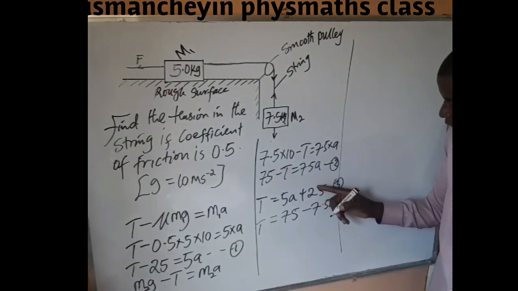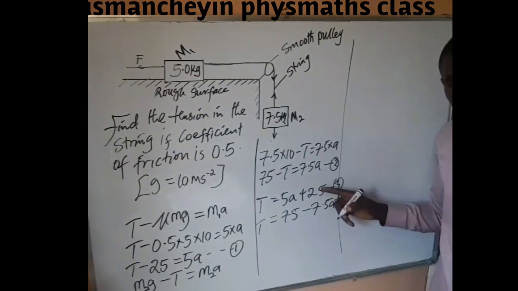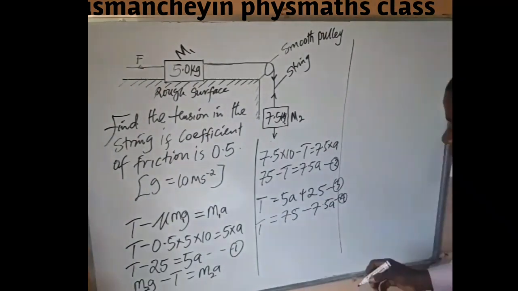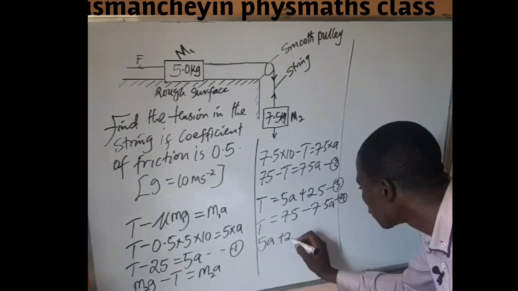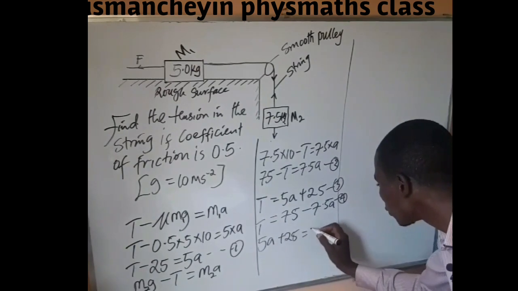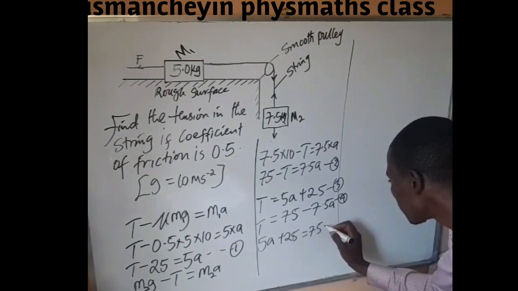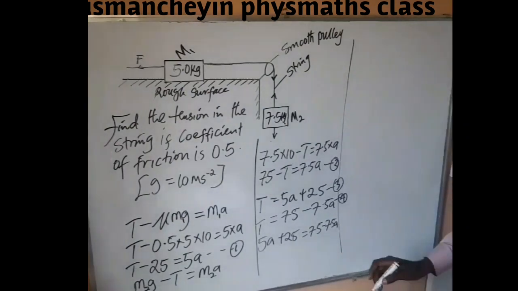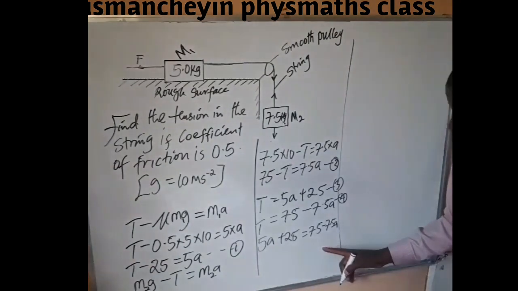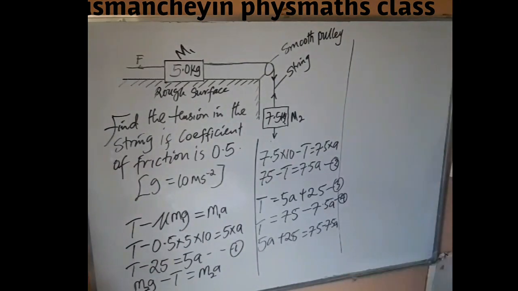We equate equation 3 and 4. By equating equation 3 and 4, we have 5a plus 25 is equal to 75 minus 7.5a. If that is true, we collect like terms.